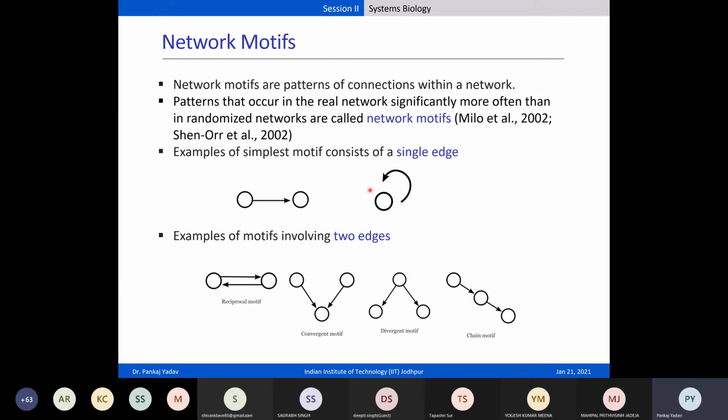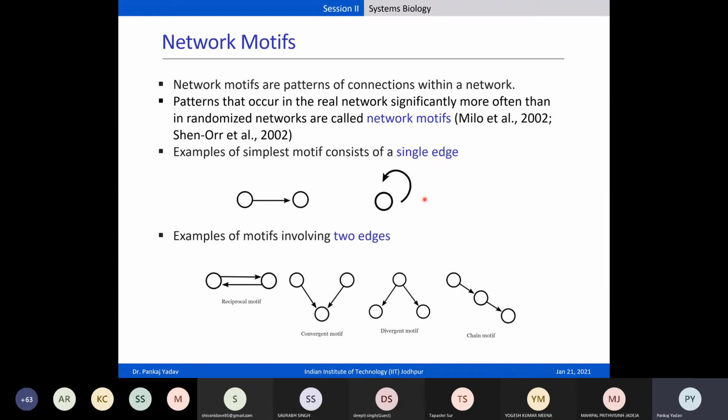Also importantly, you will be interested in studying these self loops, self arrows, and these are called autoregulation. Such a phenomenon is very well known in biology, where a gene, for example, controls its own expression. A gene is being expressed, and after a certain level of expression, it stops.